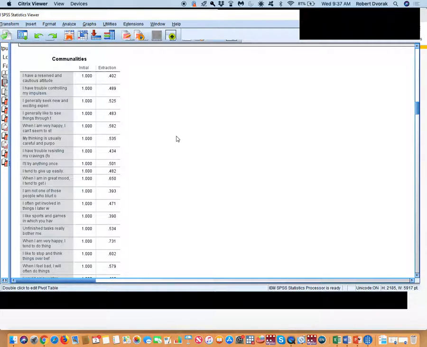And it's not just the few factors that we're selecting, but in this case, it's all of them. So for the first item, I have a reserved and cautious attitude about life, we can see that our initial variance is 1, 100%, and we were able to account for 40.2% of the variance in that item, right?